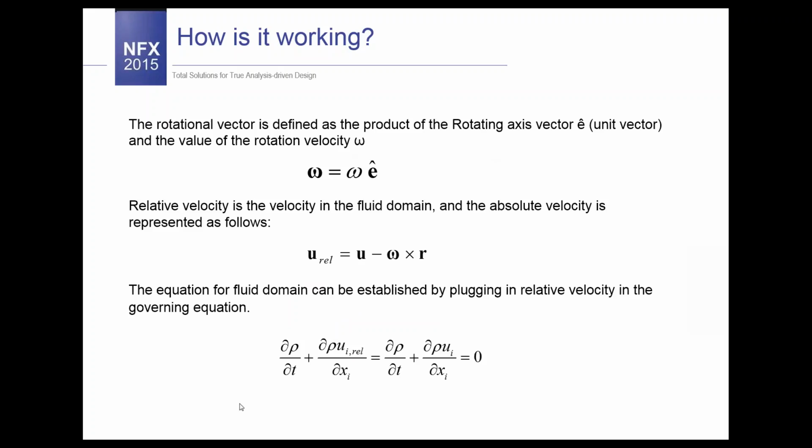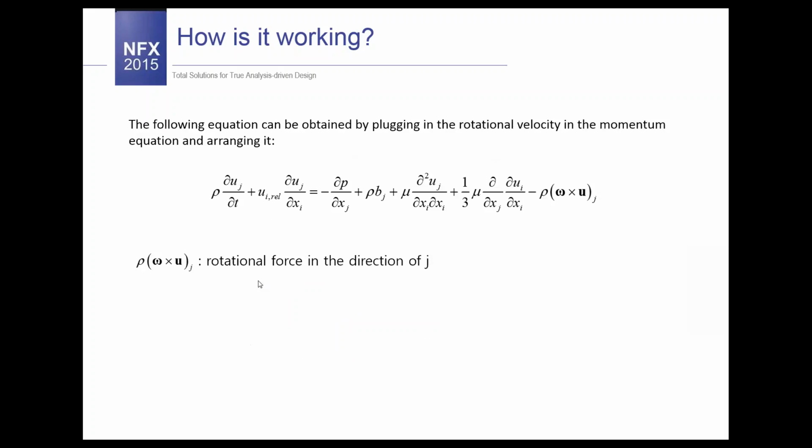Then by plugging the relative velocity into the governing equation, you get the following equation by plugging the rotational velocity in the momentum equation, and this is the final equation that is solved. So this is the rotational force in the direction of j.